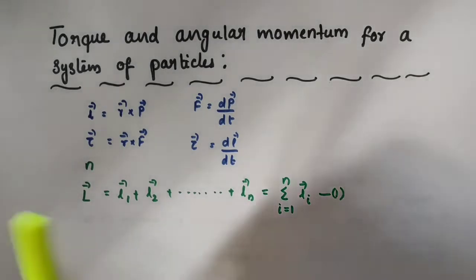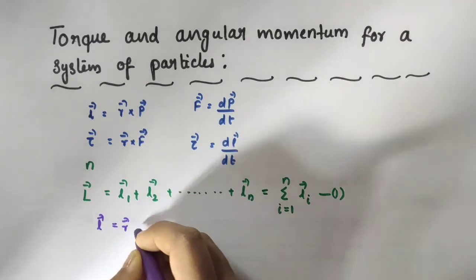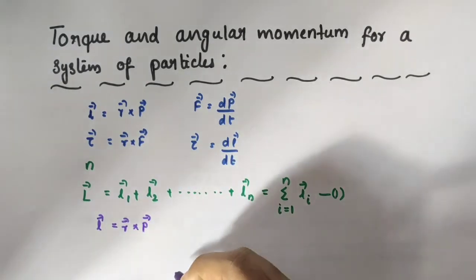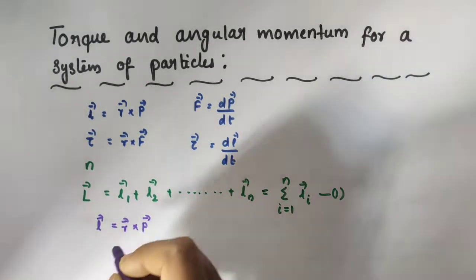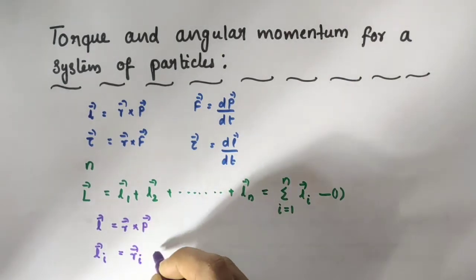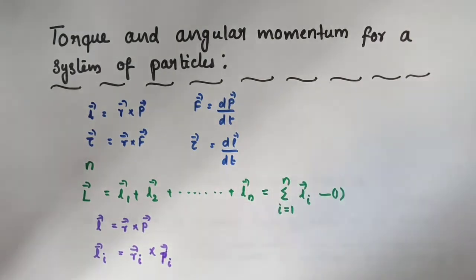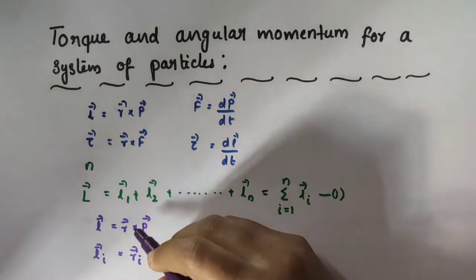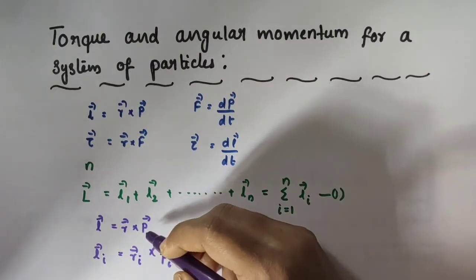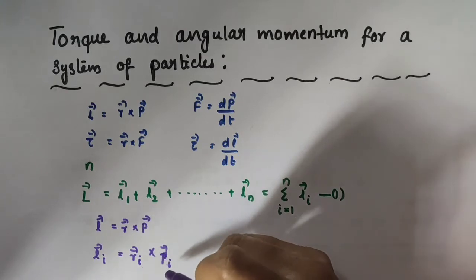Now, for a single particle, vector L is equal to vector R cross vector P. So for the ith particle, we can write vector Li is equal to vector Ri cross vector Pi.